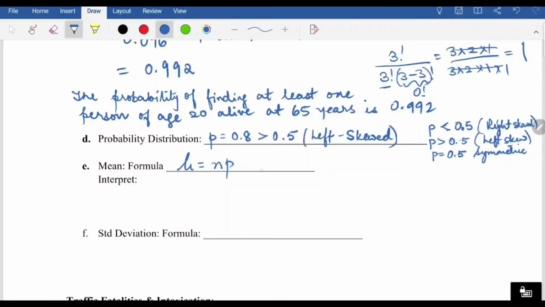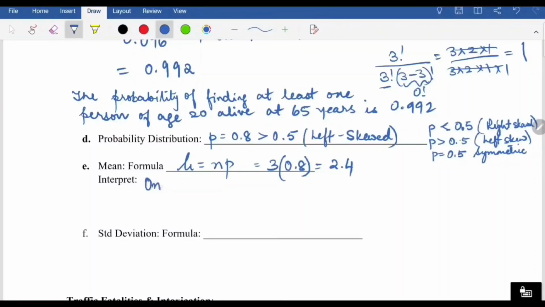So what is n? 3, correct? And p, the success probability, was 0.8. We've been using that number for all our probability calculations, so it's going to be 2.4. All right. How do we interpret that? What does 2.4 mean?